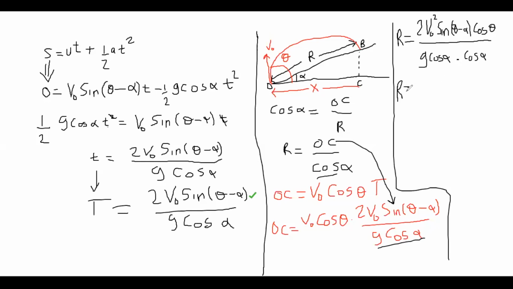We get R is equal to 2 V naught squared sine of theta minus alpha, then cos of theta, divided by g cos squared alpha. Get that? Therefore, this will be the range on the inclined plane.